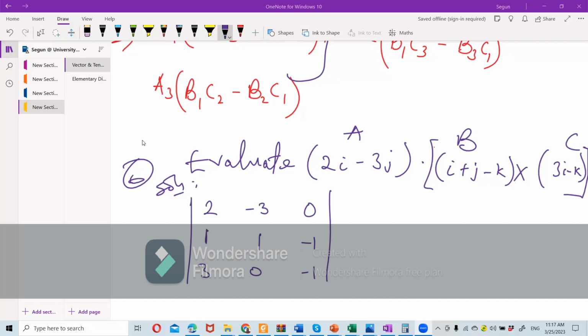Unmute yourself, please. Ifeanyi Joshua. -2i plus 3j. You can't have i. There's no i at all. You are just to get the value. Evaluate. Just a single value. You don't need to introduce i, you don't need to introduce anything.